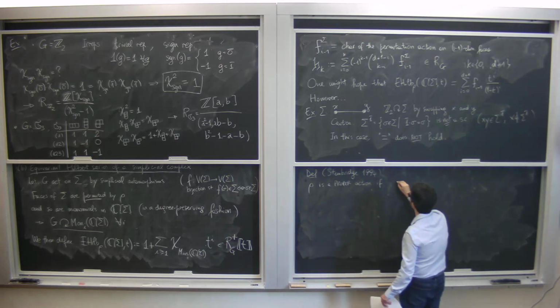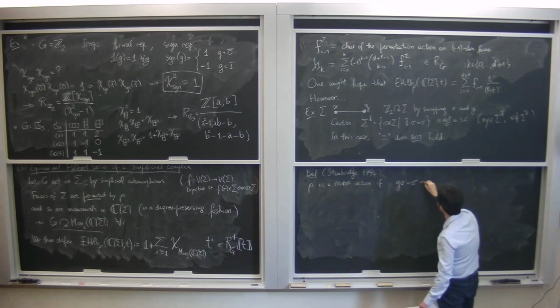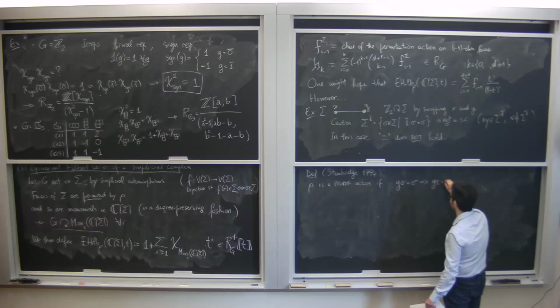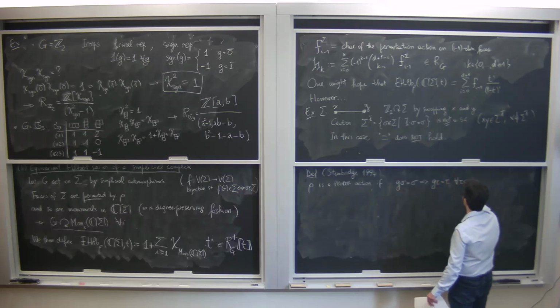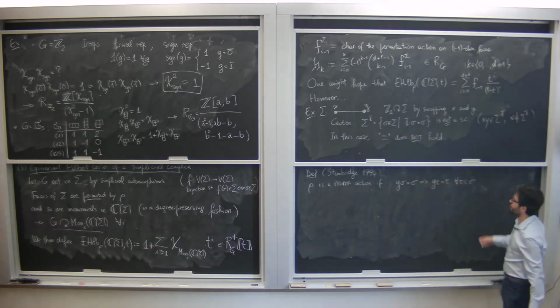So whenever g sigma is the same as sigma, it also holds that g tau is the same as tau for every subface. And that's not the case in the example I have here.